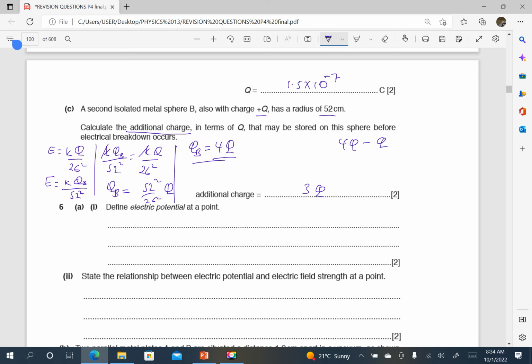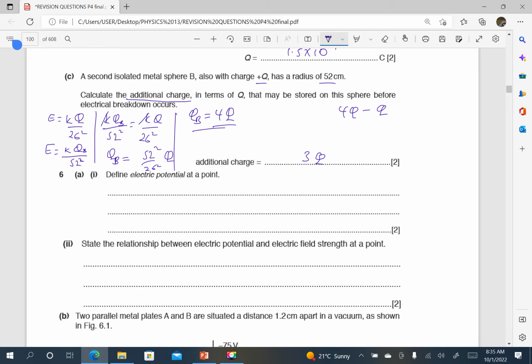The electric potential is the work done per unit charge in moving a positive charge from infinity to the point.